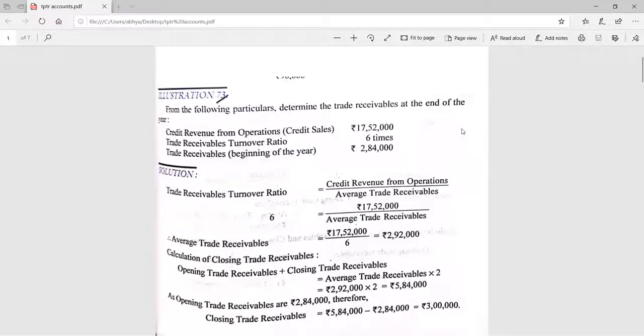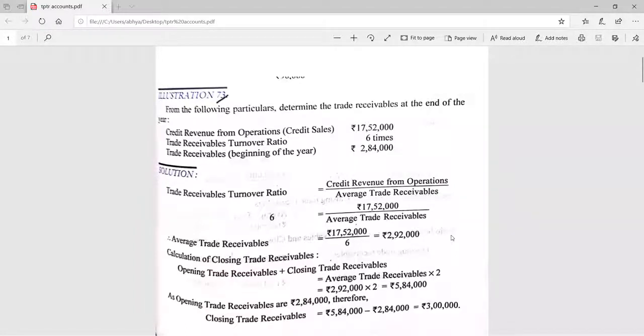The first question: from the following particulars, determine the trade receivables at the end of the year. Credit revenue from operations was already given, 17,52,000.